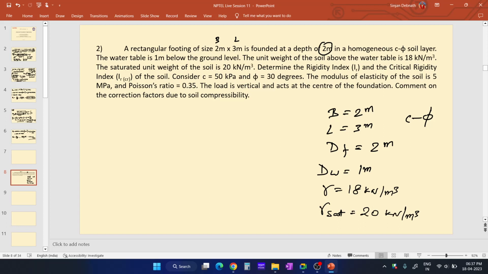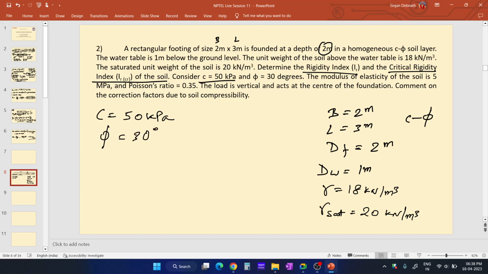Okay. And determine the rigidity index and critical rigidity index of the soil. So I have been asked to find out the rigidity index and critical rigidity index of this soil. So we have been asked to consider C equal to 50 kPa, that is cohesion, and phi, that is the frictional angle, is 30 degrees.